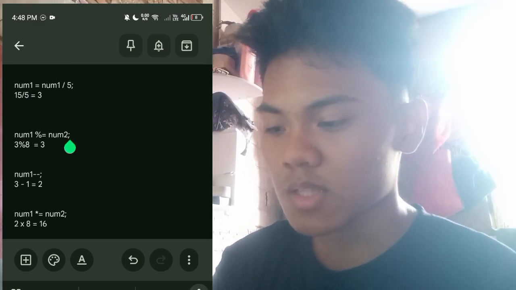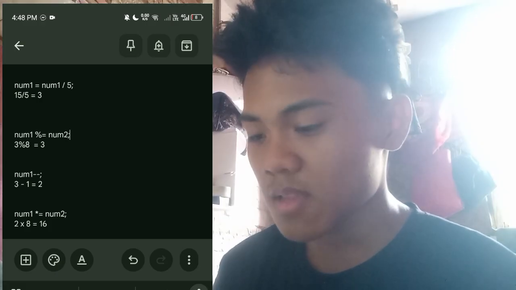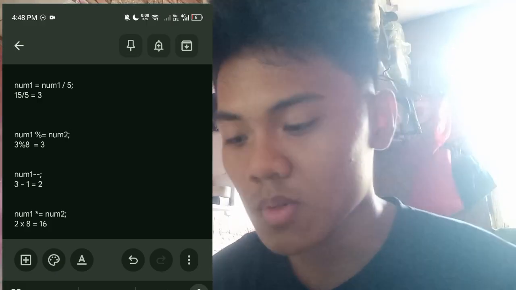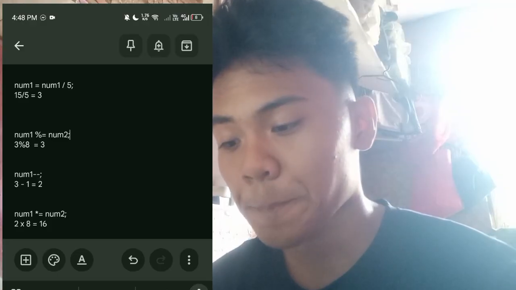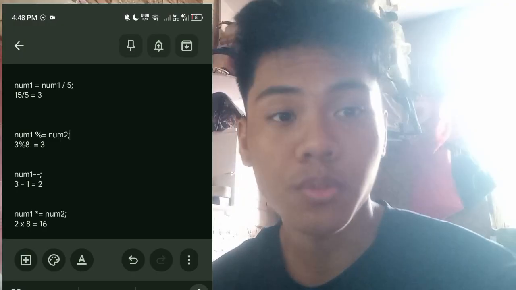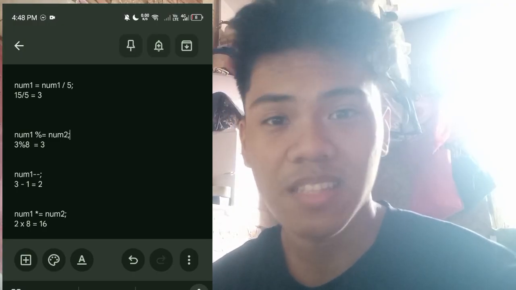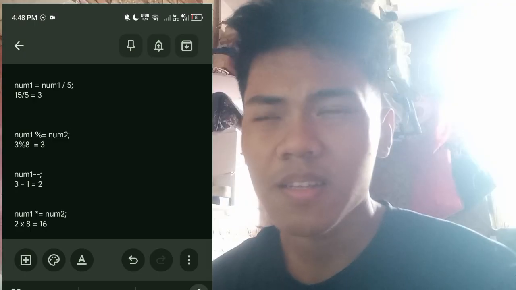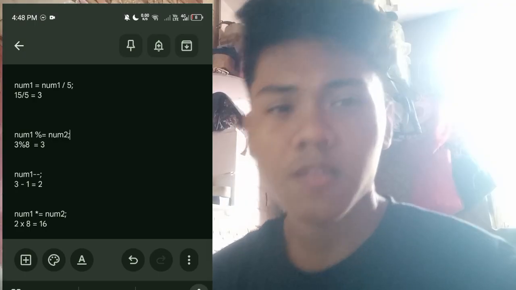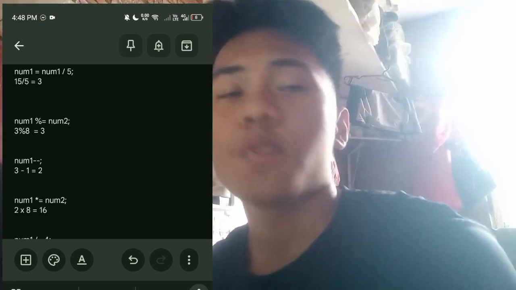Then num1 percent equals num2 is another division, but the difference is it's modulus. So it's not the division in math, it's division in programming.